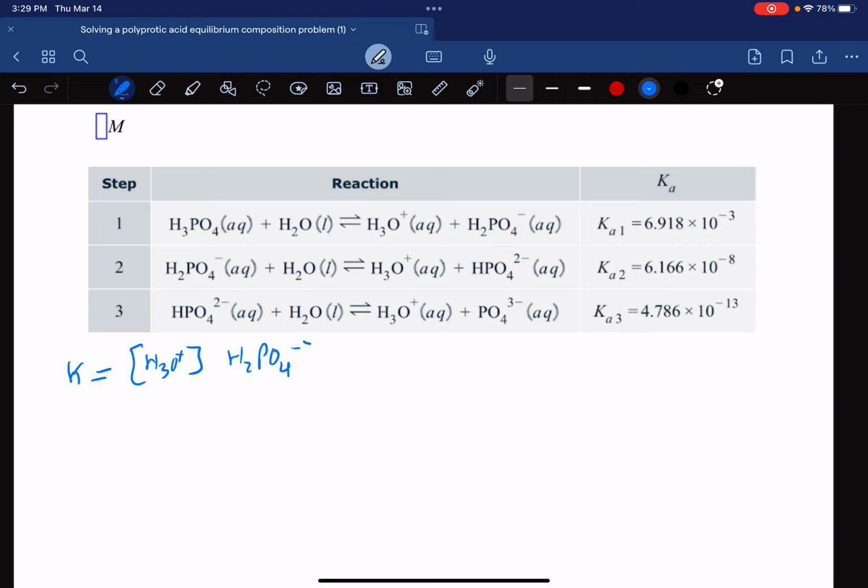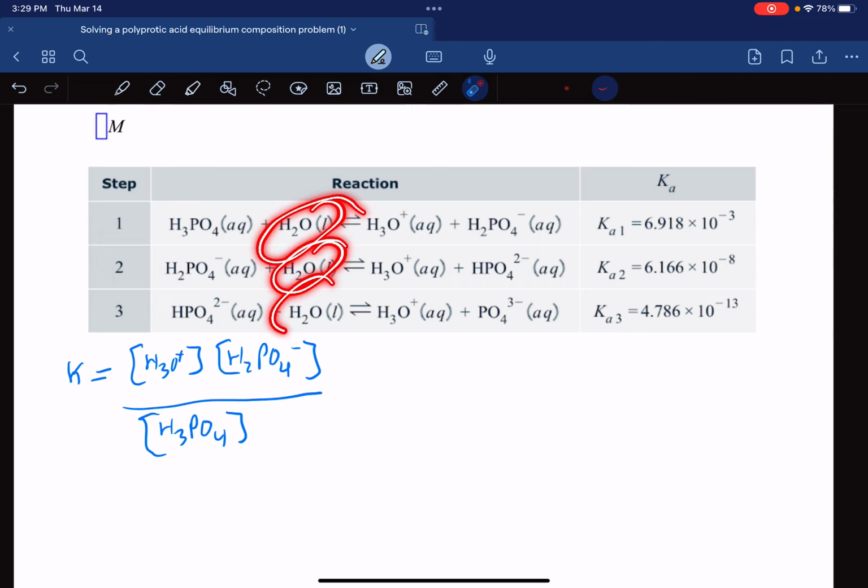And since the coefficients are all ones, it makes it a pretty straightforward problem. And on the bottom, we're going to have H3PO4. Do we include this pesky little H2O in any of these circumstances here? No, and quite simply, it's because it's a liquid, and we don't care about liquids. We're a little bit ugly that way.